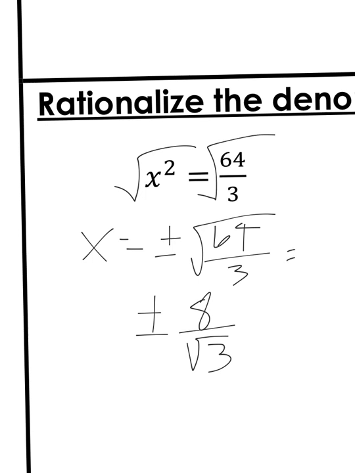Why? Because the square root of 64 is 8, and the square root of 3 wouldn't simplify. So that would be the answer, only you can't have the radical in the denominator, on the bottom of the fraction. So how do you get rid of that?